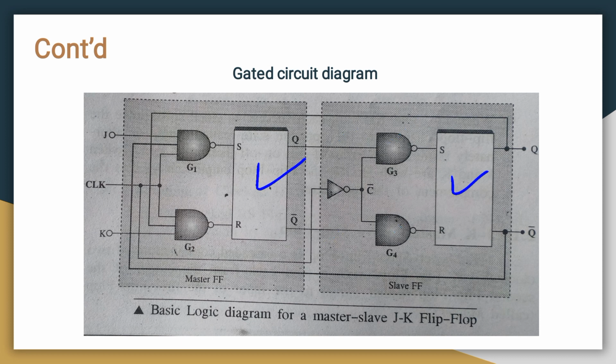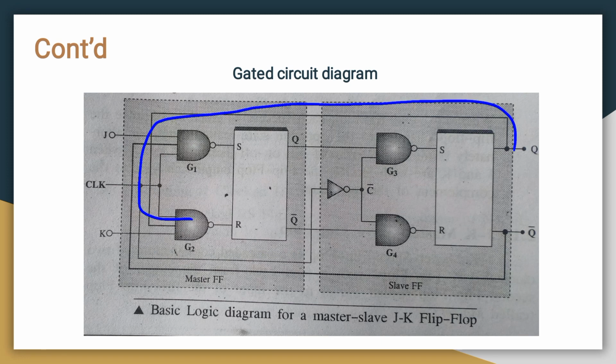One clock is for both G1 and G2, and one more inverted clock is given to G3 and G4. Clear? Next, the output Q goes back to G2, and the output Q bar goes back to G1. Like this you have to draw the circuit, that is the gated circuit diagram of the master slave JK flip-flop.